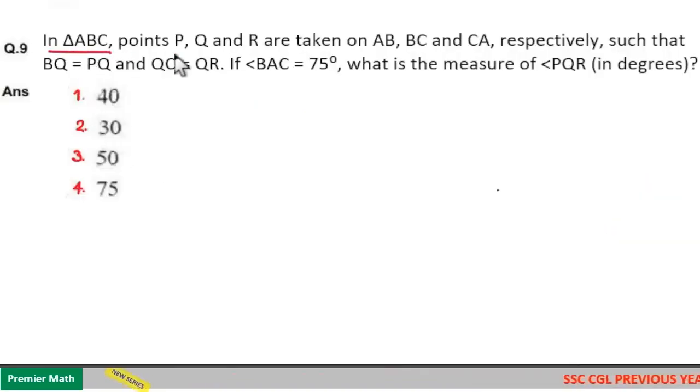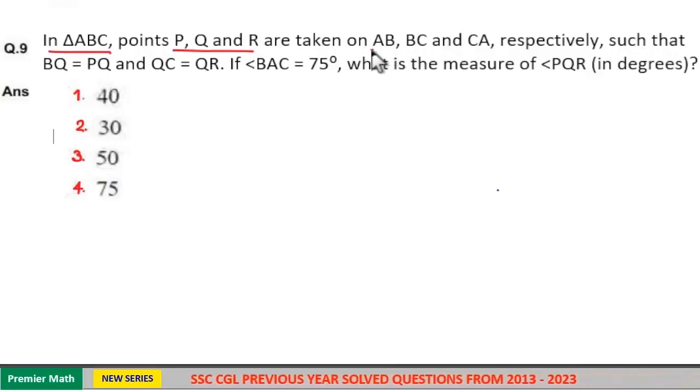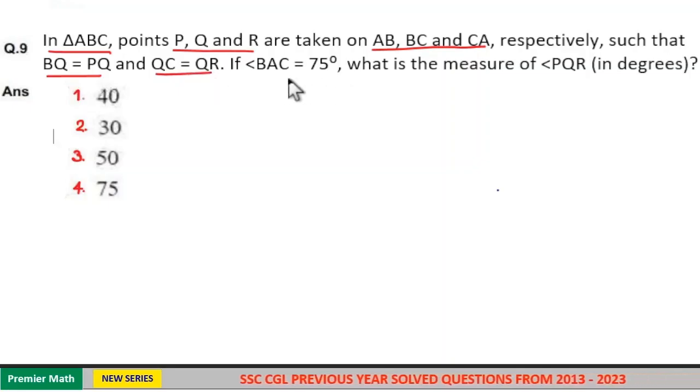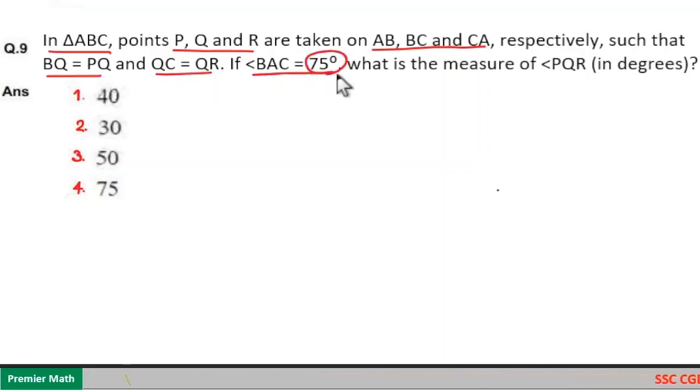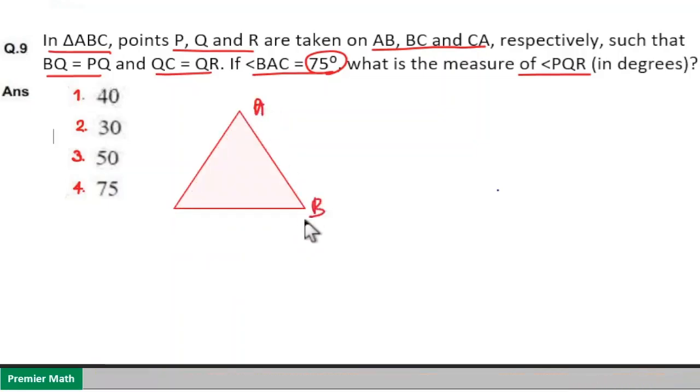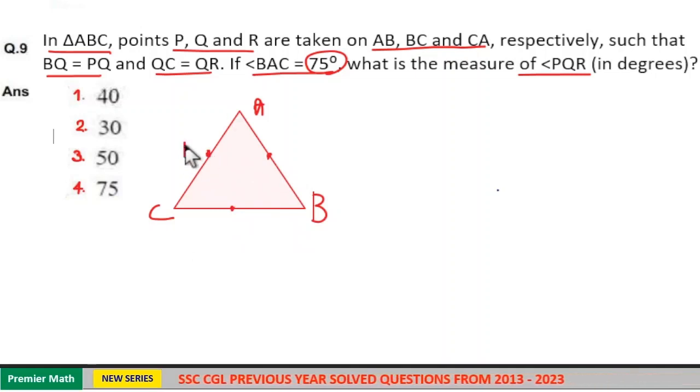In a triangle ABC, points P, Q and R are taken on AB, BC and CA such that BQ is PQ and QC is QR. If angle BAC is 75 degree, what is the measure of angle PQR? Here, this is the triangle ABC. Points P, Q, R are on AB, BC and CA.